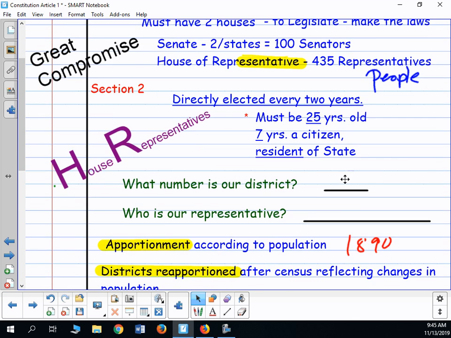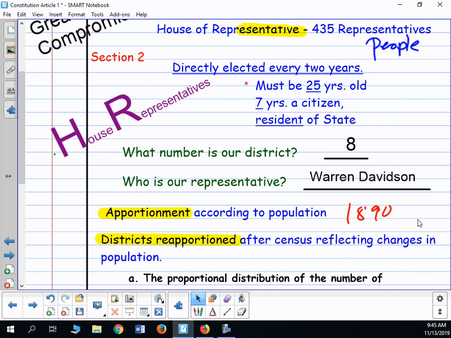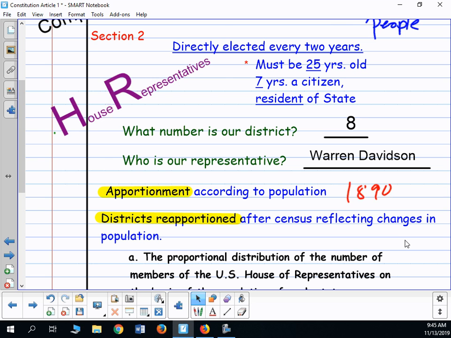Okay, so we know we're District 8, and our representative is Warren Davidson. If you were paying attention at all to the Veterans ceremony, you will know that Warren Davidson was actually here and did a brief talk to us, so you had an opportunity to actually see our representative.